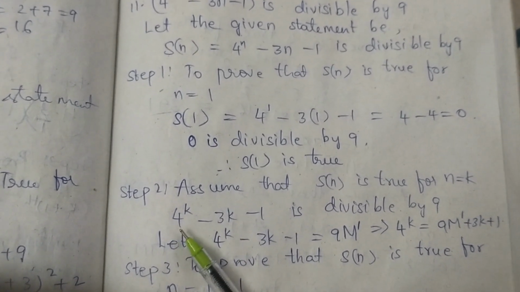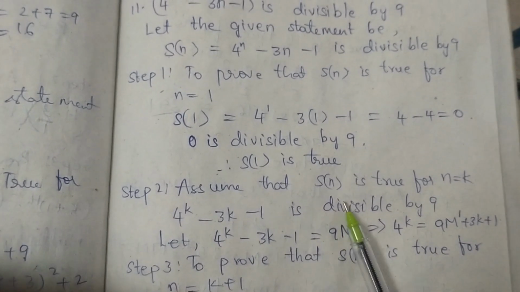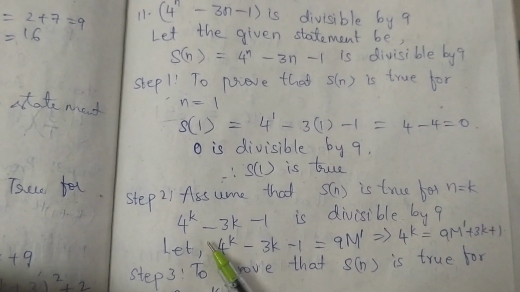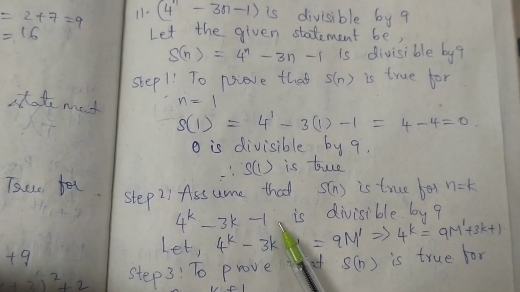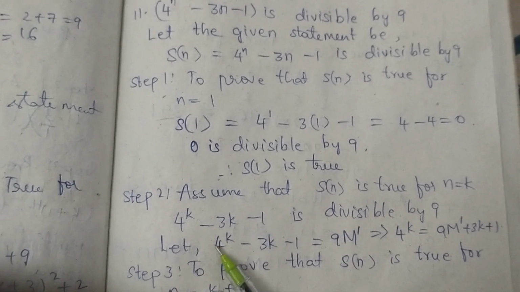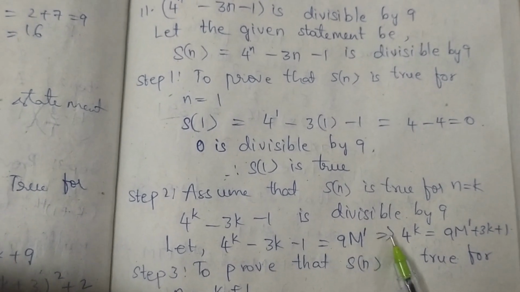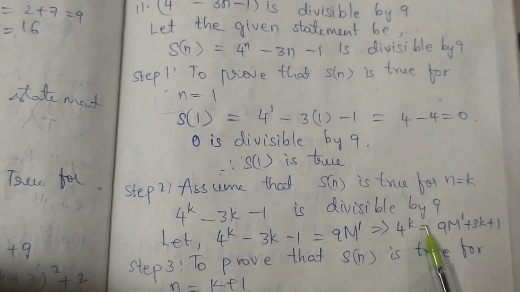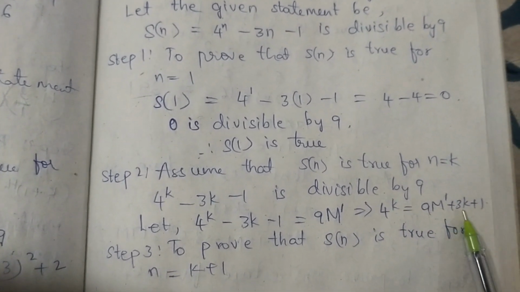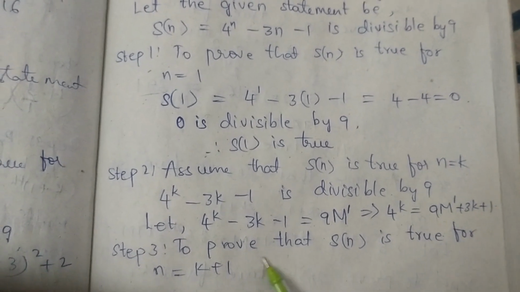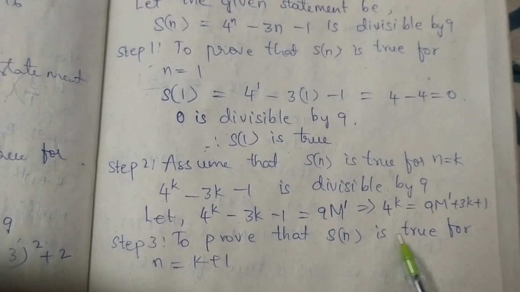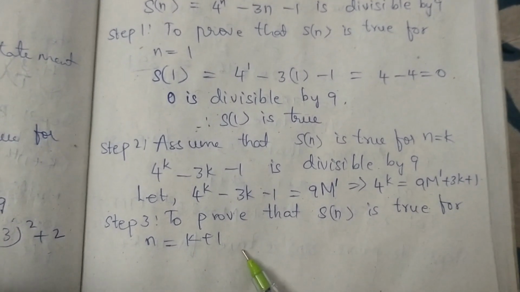As you can see, 4 power k minus 3k minus 1 is divisible by 9. That means this can be written as 9 into something. So let's suppose it as 9 into some m dash, which implies 4 power k is equal to 9m dash plus 3k plus 1.